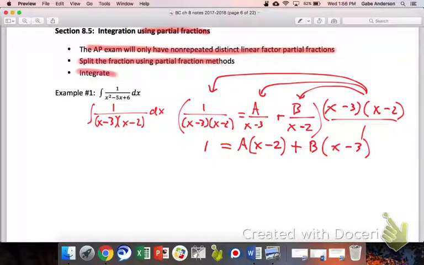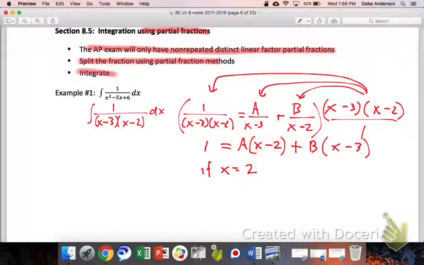So what we do at this point is we want to figure out the A and the B, but we can't really do that as it stands. We need to make one of them go away. So here's how I usually note that. I'm going to say if x equals 2. If x equals 2, which one goes away? A, right? Because 2 minus 2 is 0, so it'd just be A times 0.